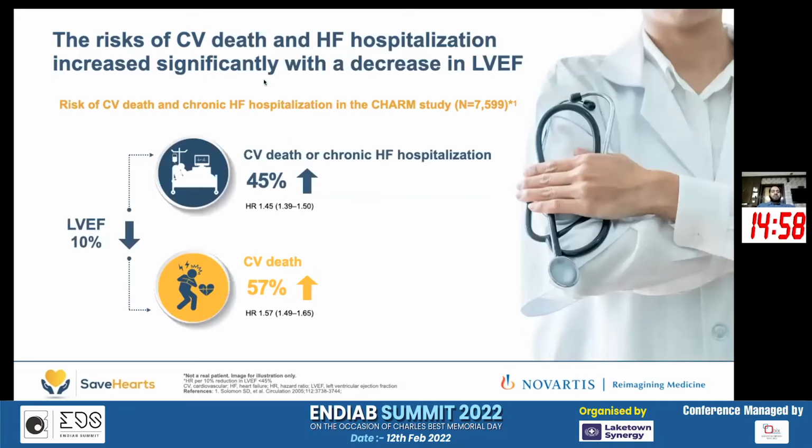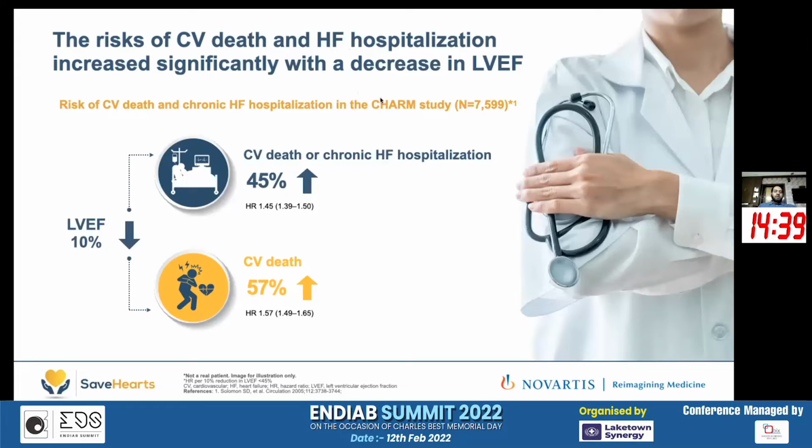And again, to come back to this point of remodeling, the risk of CV deaths and heart failure hospitalization increases significantly, and an ejection fraction of less than 40% was studied.